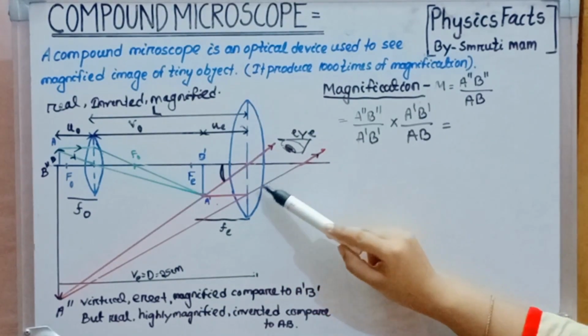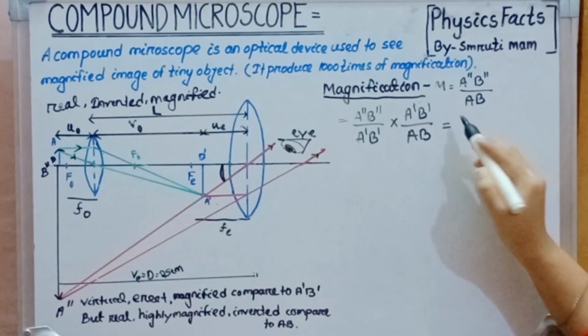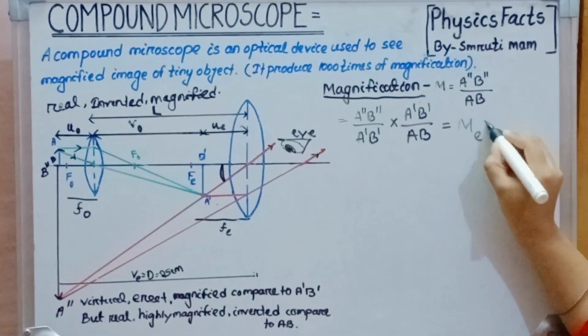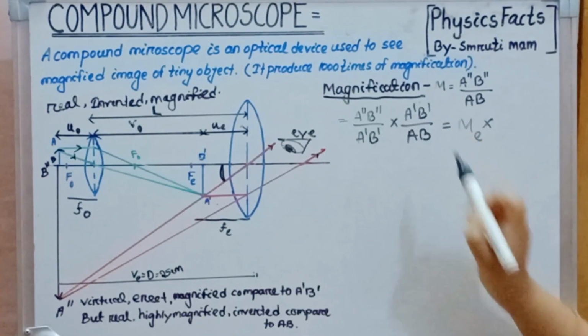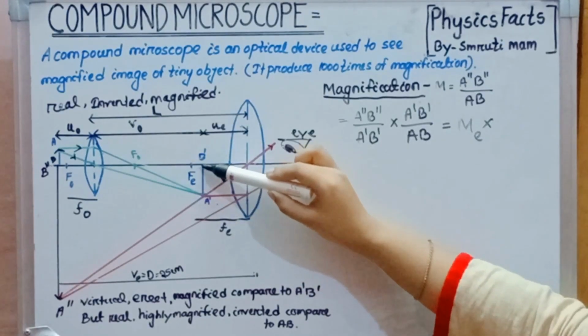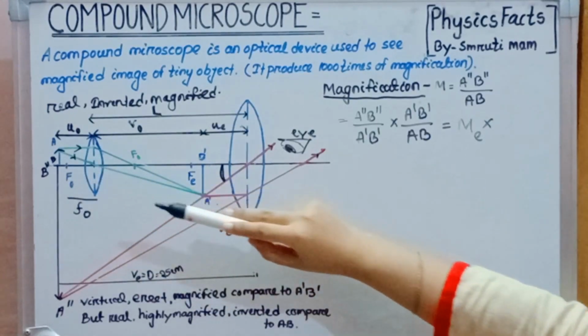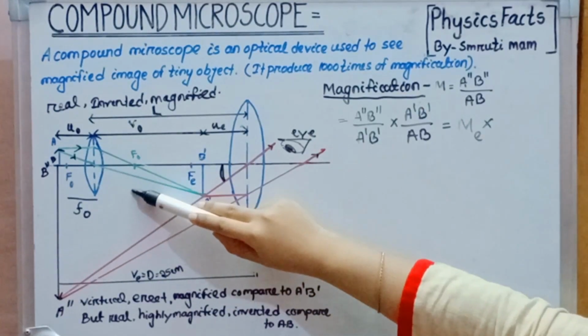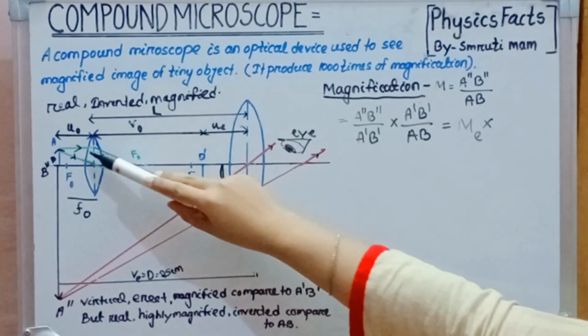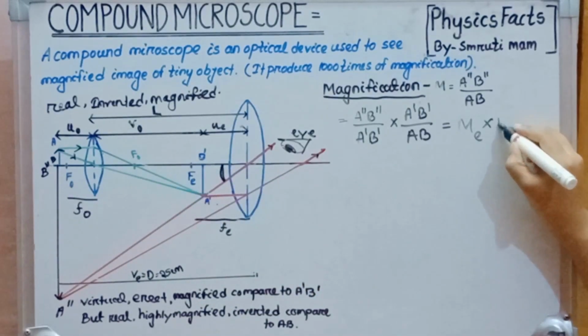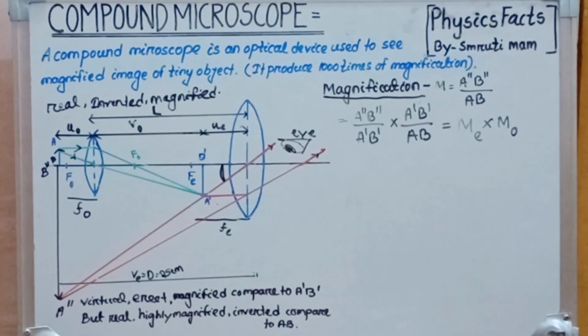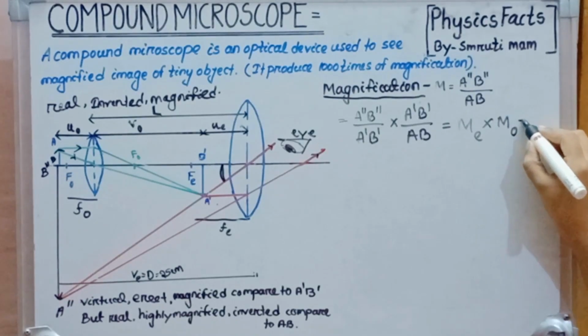But which lens? Magnification of eyepiece lens, ME, into A prime B prime by AB. A prime B prime, that is image, and AB, that is object, for objective lens. So A prime B prime by AB, that is the magnification of objective lens. So what we got?